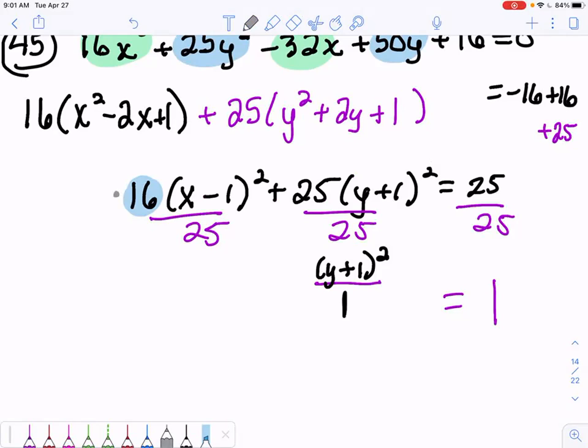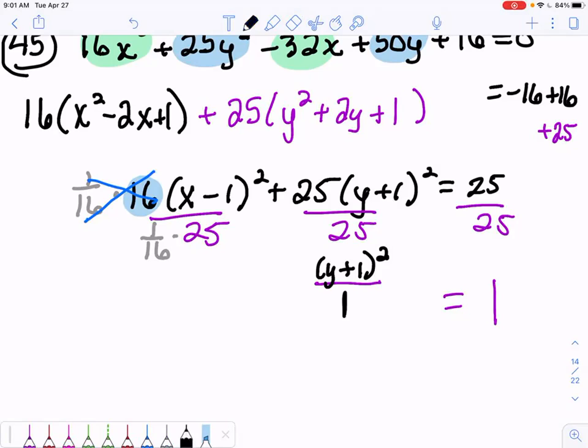Yeah, so multiply by the reciprocal. So if there's 16 there, if I multiply by 1/16, then the numerator is going to cancel and that 16 is gone.